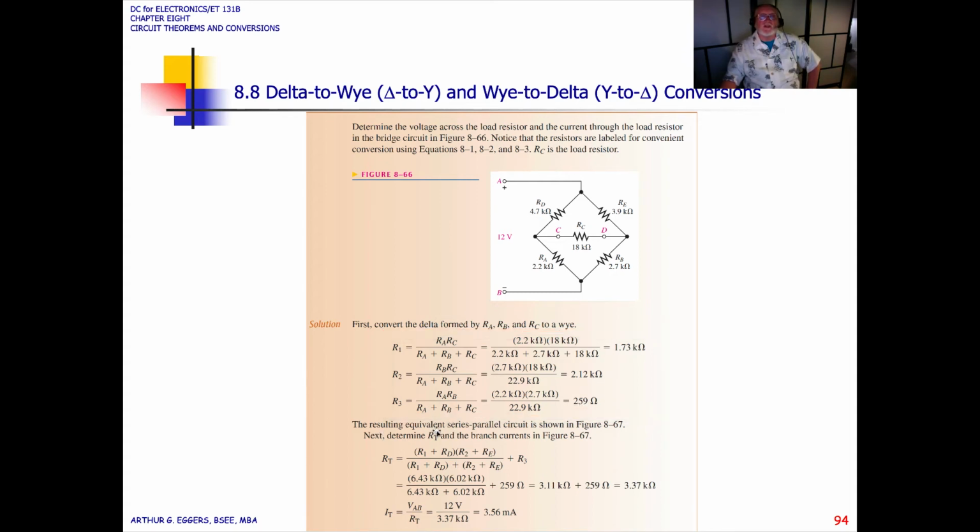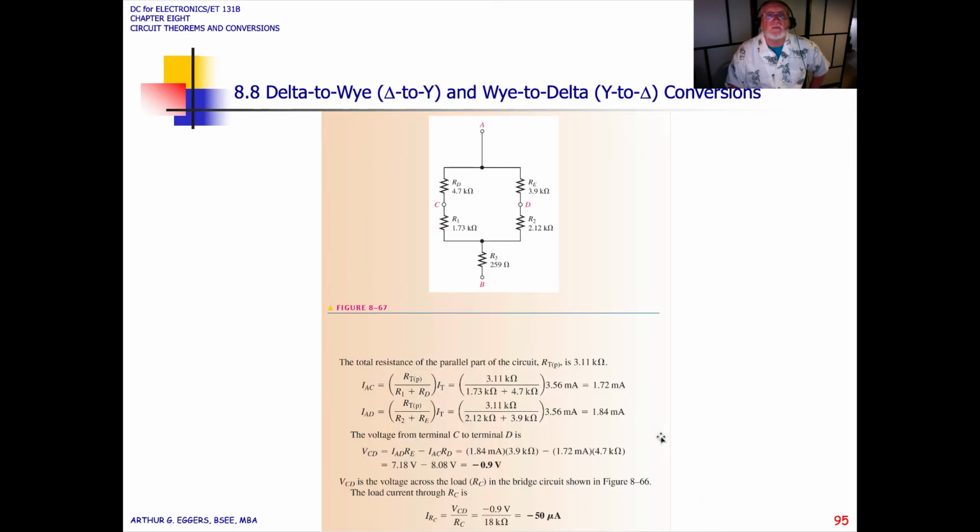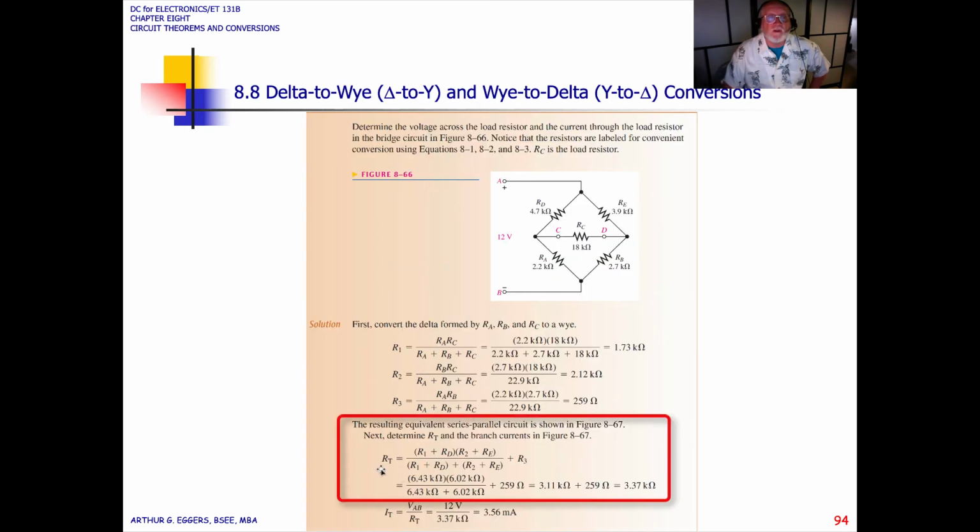So the resulting equivalent series parallel circuit is shown in the diagram 8-67. What we're going to do is determine the total resistance and the branch current. So that is our resulting circuit there.